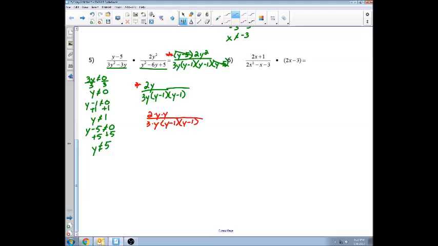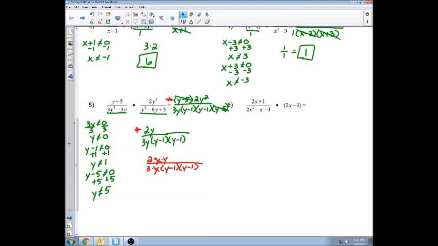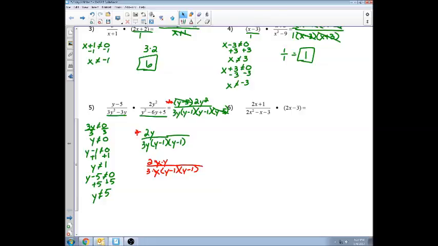Okay, just like we did on problem number 1, that means I can get rid of 1y each, which would leave me 2y over 3y times y minus 1 times y minus 1. Okay, you did not need to write that red piece. That was just the step that I went ahead and skipped, trying to get you to understand that I could just take the 2 minus the 1 in order to keep a single y in the numerator.